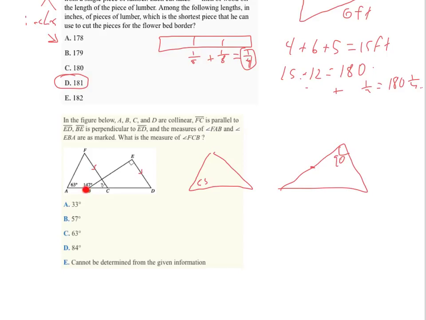Well, that's this angle, which is not really a part of my triangles, but if you think about this little angle next to it, which happens to be this angle, you would do 180 minus 147, which would be 33 degrees.